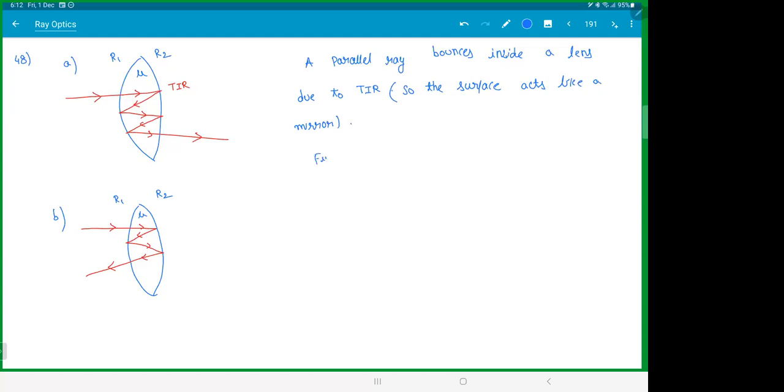Find power of the system. A better thing would be find power and focal length of the system. Let's get this.